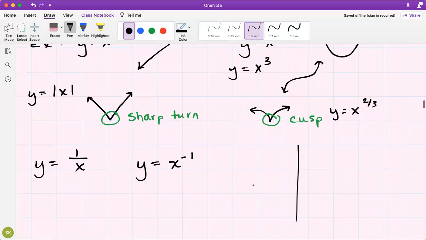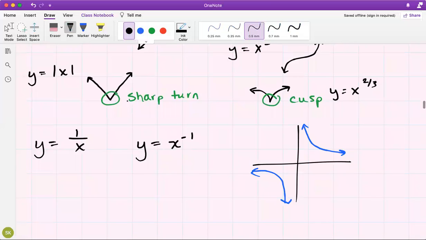If you were to graph this, you'll get this function here, which goes up forever here and then goes down forever there, and the same thing. So we'll go forever in this direction down here. But in order to draw both pieces of this, I have to pick up my pencil. So I have an asymptote here. This goes on forever. Then I jump and I have to make this graph. So this is not continuous.